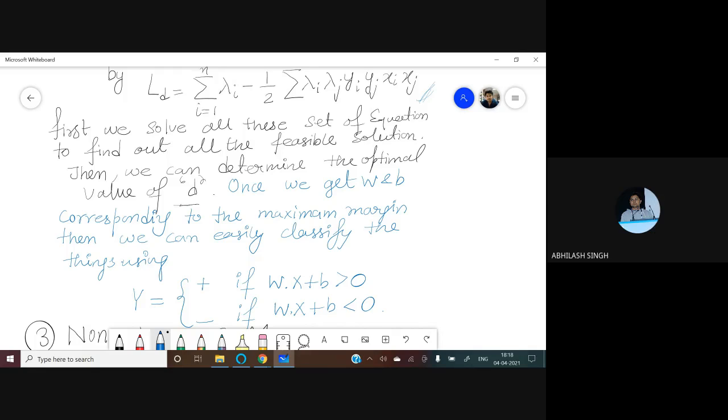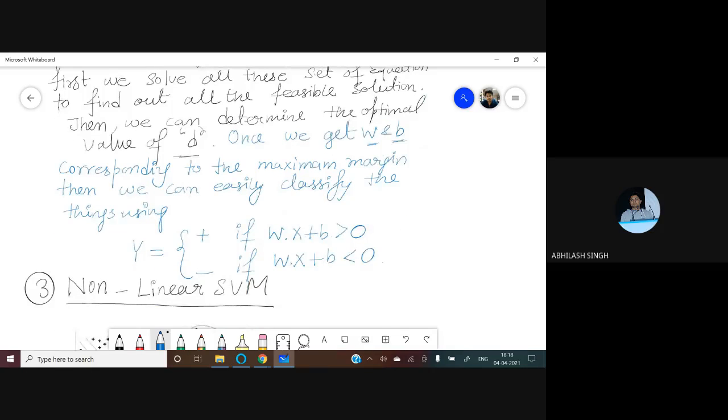Once we get the maximum d, we get the values of w and b, because these are the model parameters. And once we get w and b, it is very simple to use them for classification purposes.